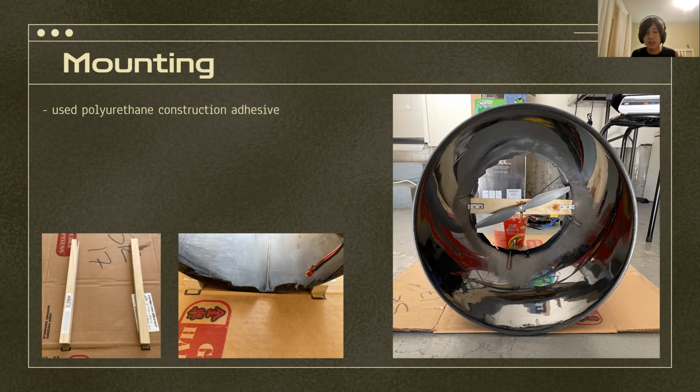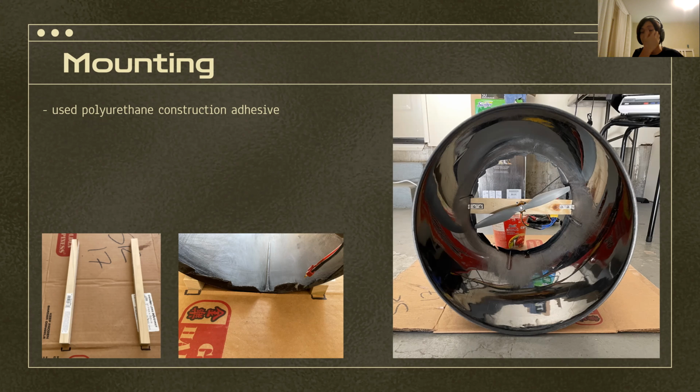And I used a construction adhesive, a polyurethane, to glue these 2 wooden bars down, and then I applied some more glue onto the cardboard in the area between these two bars, and I stuck the wind tunnel on. And I put a very heavy object inside the wind tunnel to press it down, and I let the whole thing sit for a day or two. It turned out to be very strong, very sturdy.